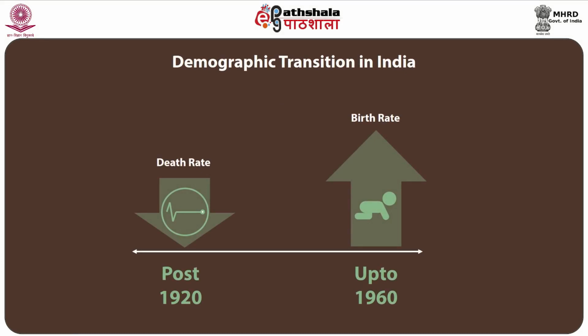So, from 1920, the death rate has been declining faster and the birth rate remaining high till about the 1960s, which means opening up the gap between the fertility and mortality, resulting in rapid population growth.